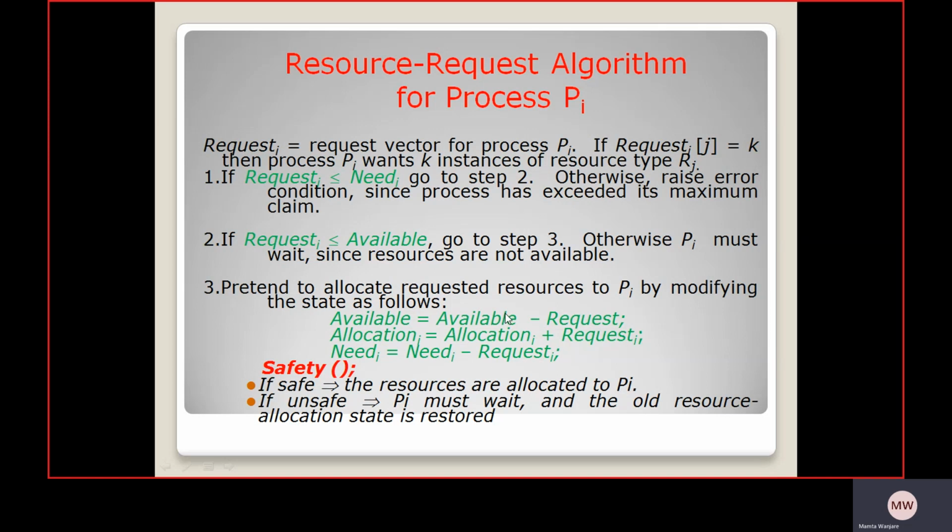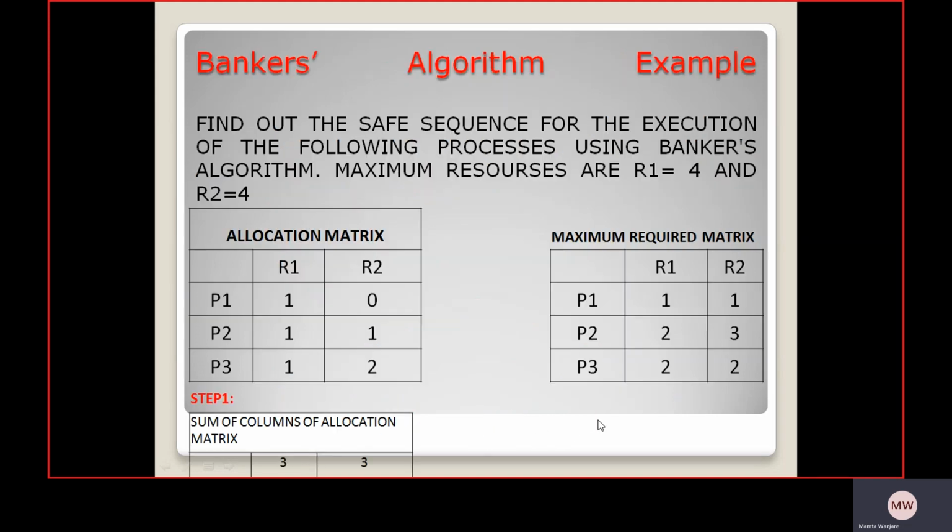From that you have to check the safe state. If it is safe, the resources are allocated to process Pi. If it is unsafe, then Pi must wait and the old resource allocation state is restored.